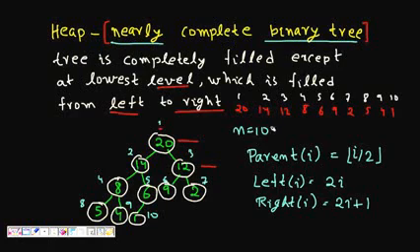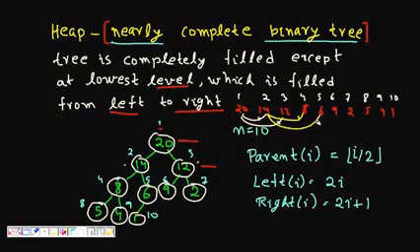So there are 10 nodes, and this is the parent, this is its left child, and this is the right child. For node 1, its left child is 14 and its right child is 12. Similarly, for node 2, the left child is node 8, and the right child is node 6.